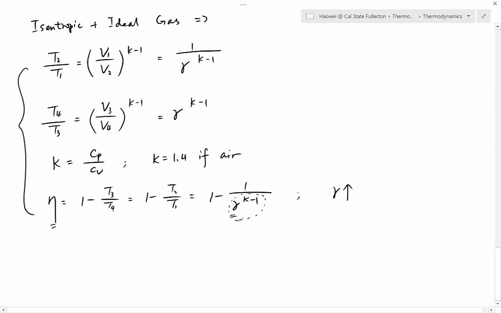So the second term will just become smaller. 1 minus something smaller, so your solution will become bigger. So our conclusion is, if you have a high compression ratio, your efficiency will also be high. So that's why when you purchase a gas engine, you want to look for a high compression ratio. The higher the compression ratio is, the higher the efficiency will be.